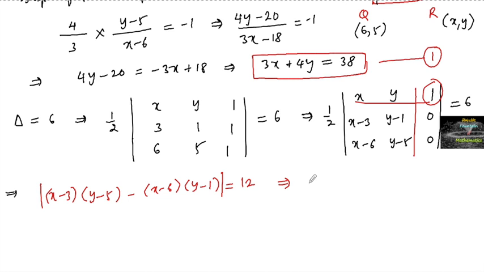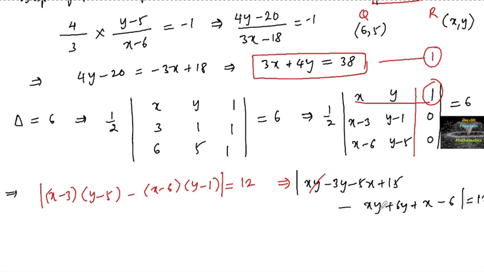So which implies xy minus 3y minus 5x plus 15 and minus of (xy plus 6y plus x minus 6). So mod is equal to 12.